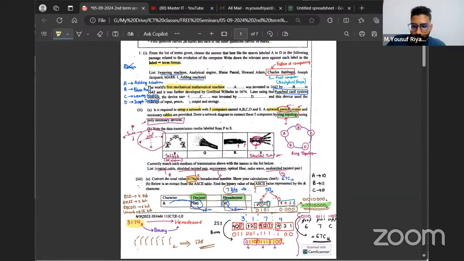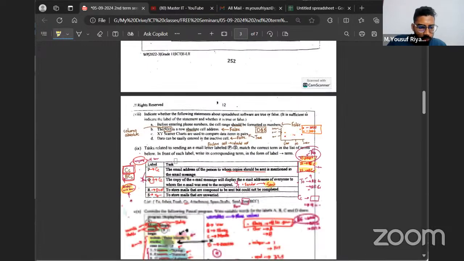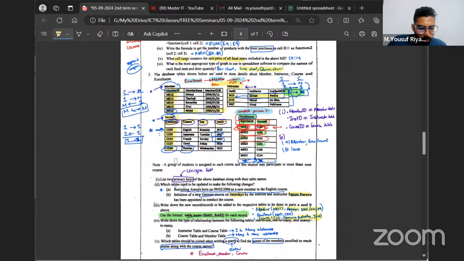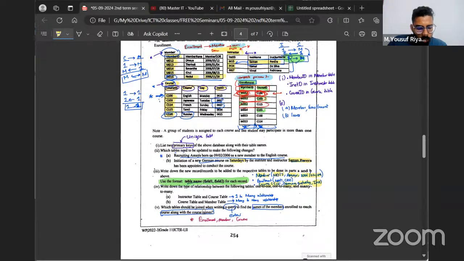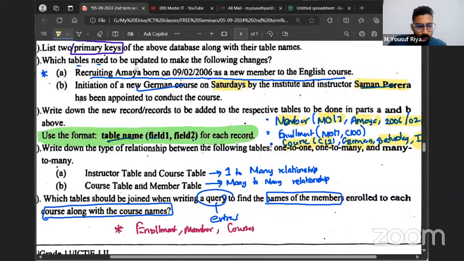Can you explain the third question, row number 4A part? In the row number 4, they're asking the relationship between the instructor table and course table. Is that what you're asking for? Okay, give me a minute.